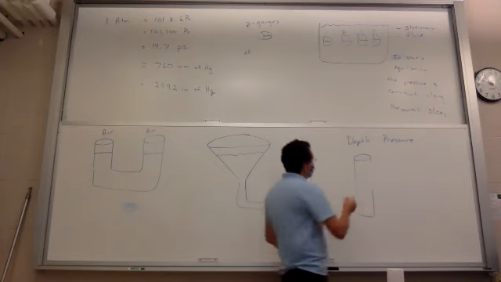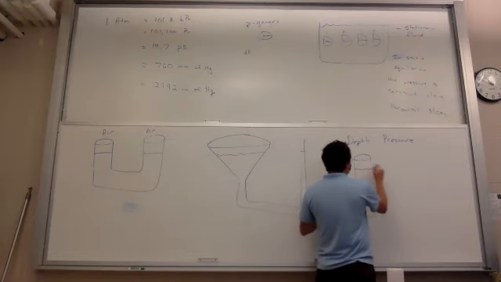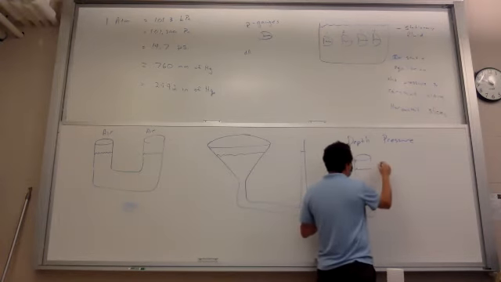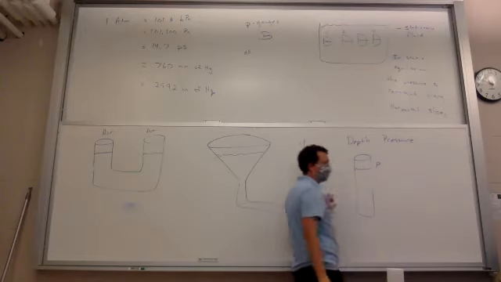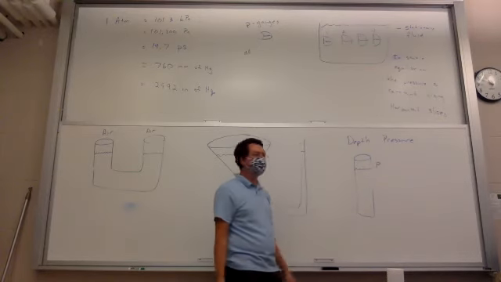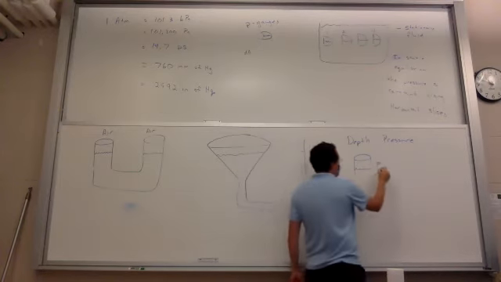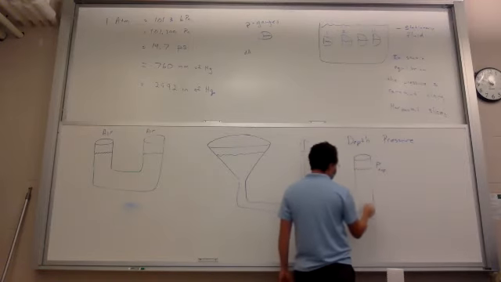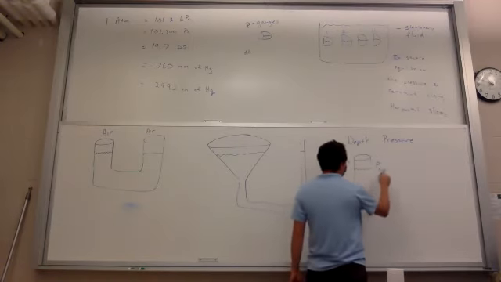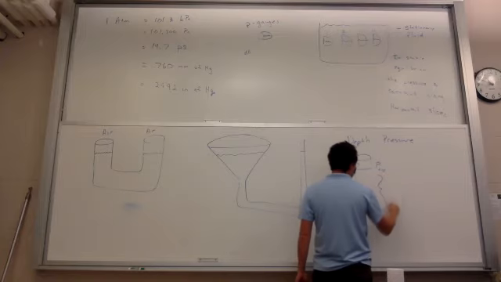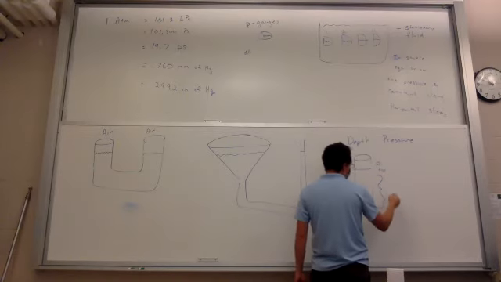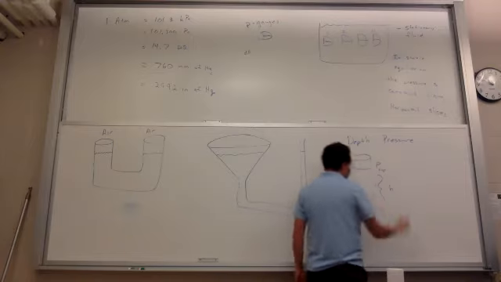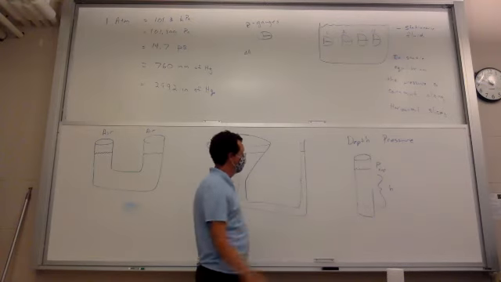And if I tell you, so there's some liquid here, let's say. If I say that the pressure at the top is some value, we'll call it P top. I ask you at some other depth down, let's call this height H, the height of that column.